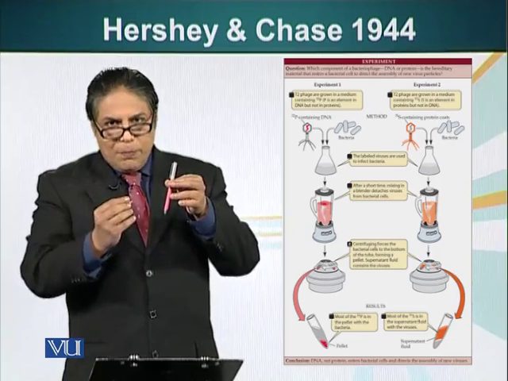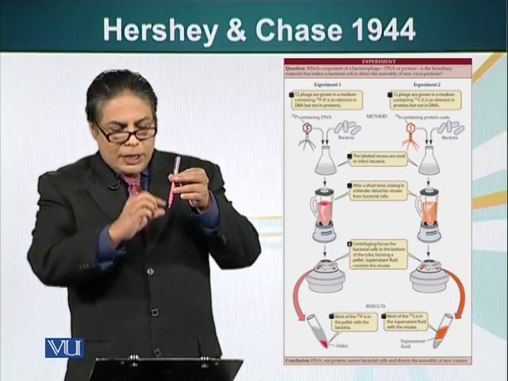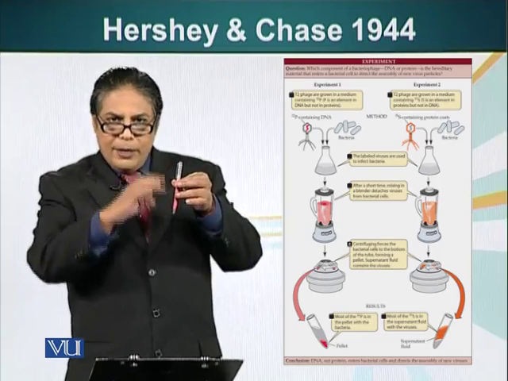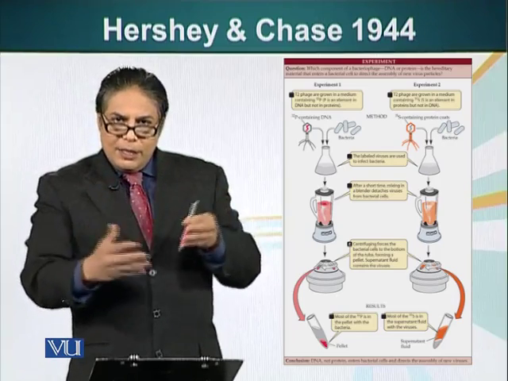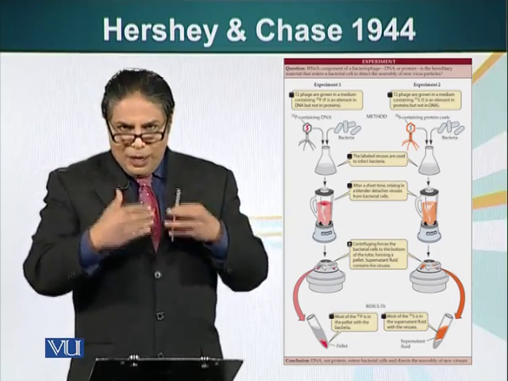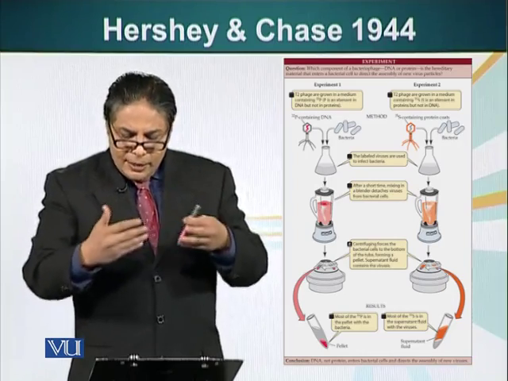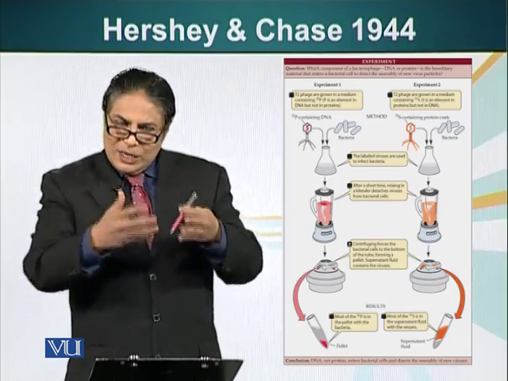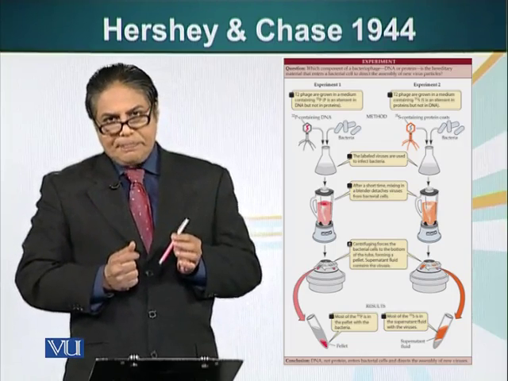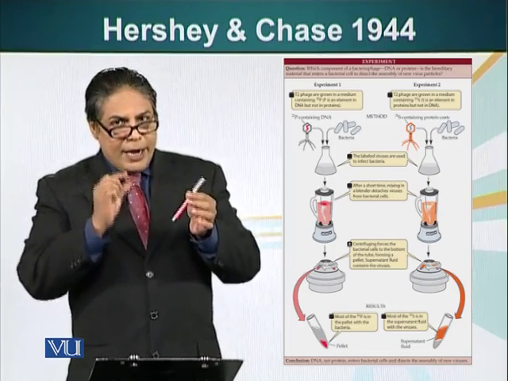Bacteria are larger particles in our system, so they will be at the bottom, and the supernatant, or the clear fluid, will contain whatever else is left, probably the part of the virus that did not go inside the bacteria. So they measured the radioactivity.